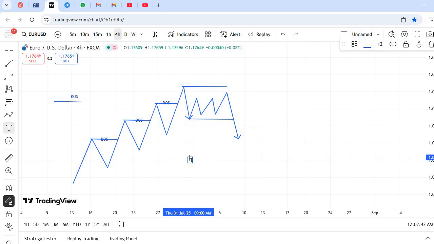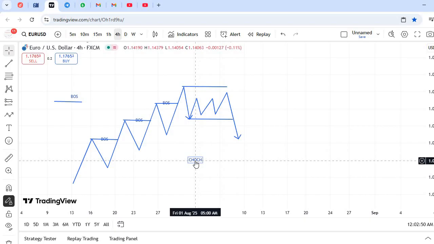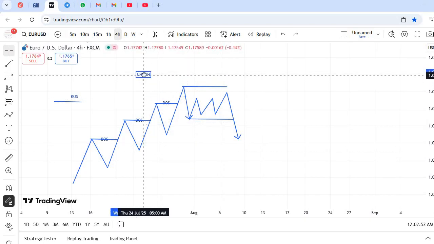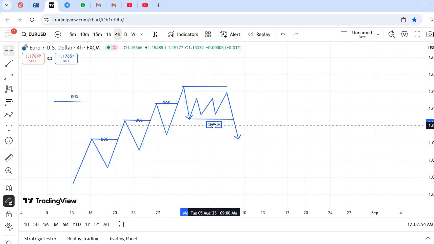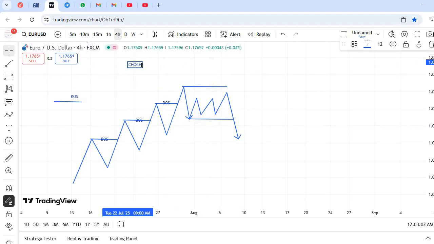A change of character is also known as CHOCH. Can you see? Change of character, or you call it MSS, market structural shift.